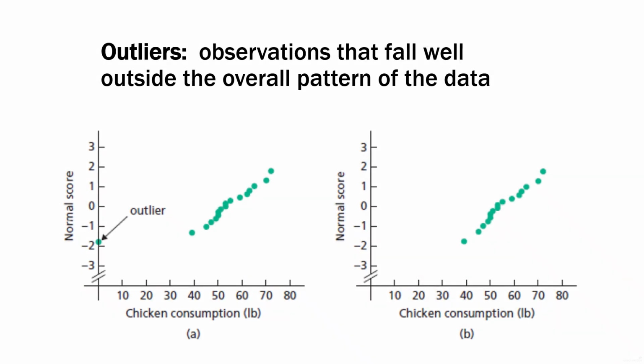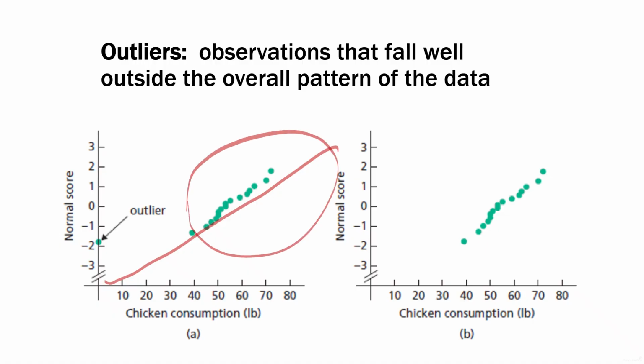One of the main uses for these normal probability plots, aside from assessing normality, is to look for outliers, which you guys know is an observation that falls well outside the overall pattern of data. You can see in this example here that we've got a line, and this is approximately normally distributed because it clusters around that line, except for this one point right here.